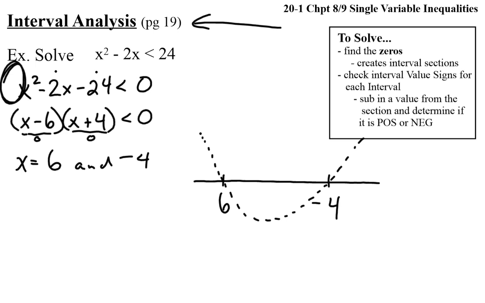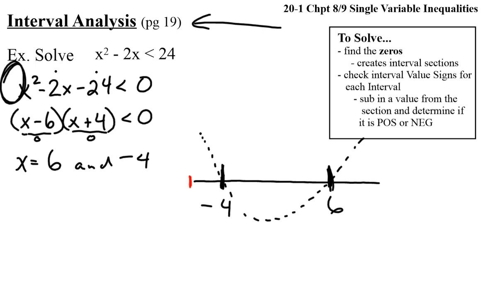Interval analysis is where you choose an extra point in each section. Actually, I mixed this up. Let's go so it's a proper number line. So this would be -4 on the left and 6 on the right. Sorry about that.